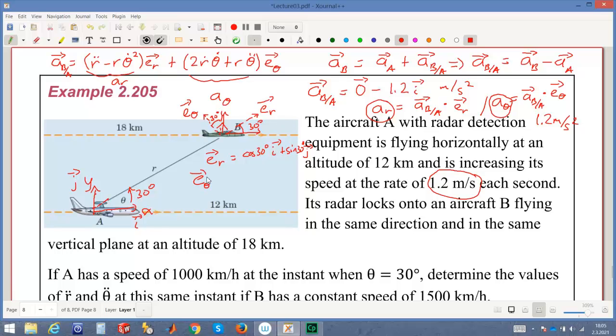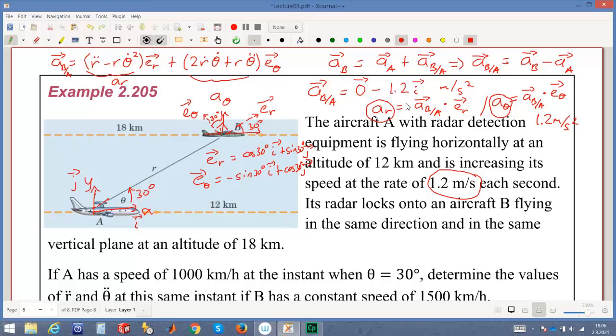E theta vector would be, in the x-axis it's in the negative direction, so there will be negative sine 30 degrees I and a plus cosine 30 degrees J. That's my E theta unit vector.